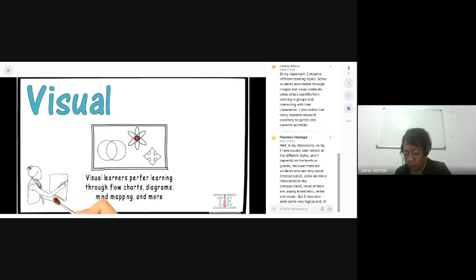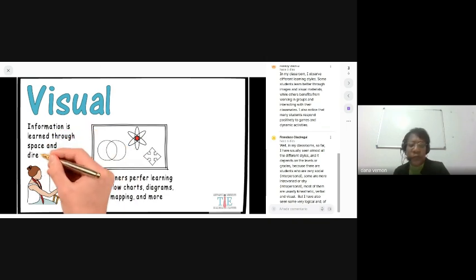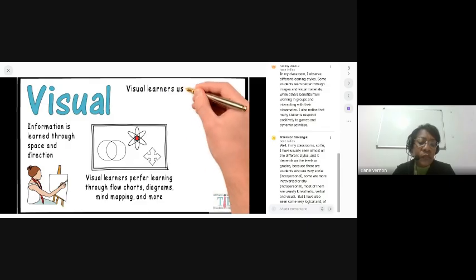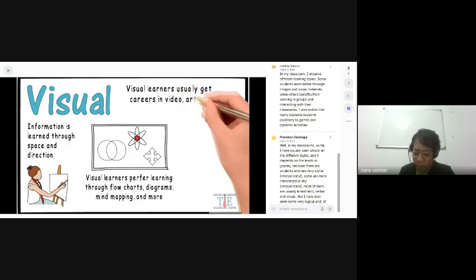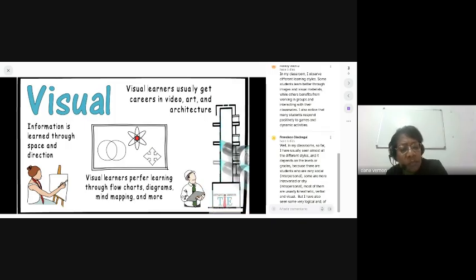That is why I paint pictures with these videos. For my case, and the case of many others, information is learned through space and direction. Visual learners get careers in video, art, and architecture. They have great spatial recognition and are able to visualize information on a large scale as well as on a small scale.